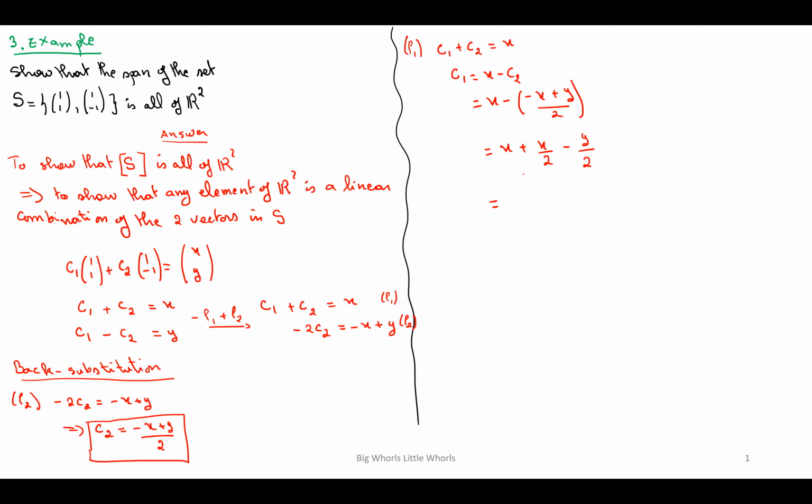We got C1 equal to 3x over 2 minus y over 2. Let's make sure that everything is properly written.